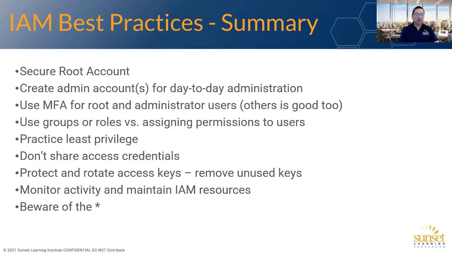So beware of the asterisk. It can be used in many places to make your policies shorter, and it's very convenient for developers to use for testing purposes. It's a bad idea from an administrative standpoint. When in doubt, spell it out is kind of a key security word that we use. Don't use wildcards. Okay. So that's my little summary of best practices.